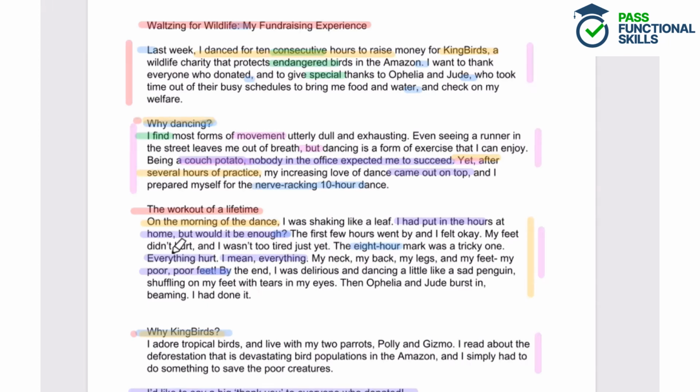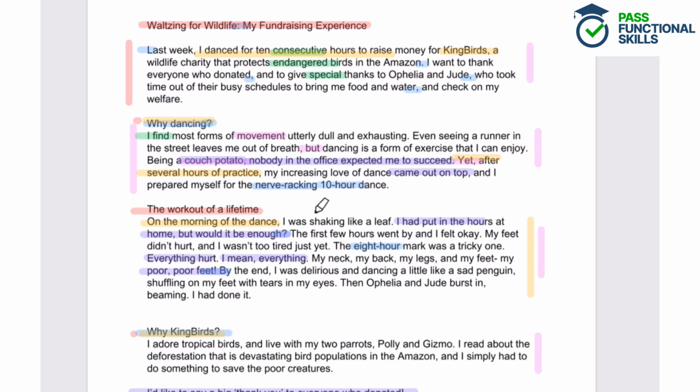And we've got repetition of everything as well. And this makes it more entertaining, makes it a little bit more humorous. And we have these exclamation marks to build excitement as well. So it's a thoroughly entertaining piece, and it's very suitable for the office or college newsletter.